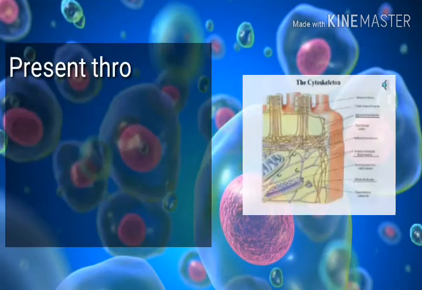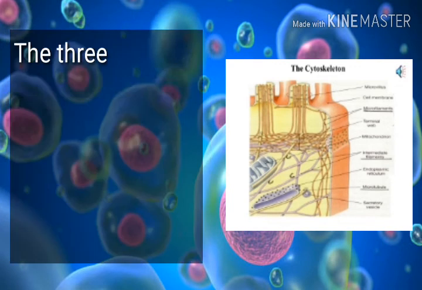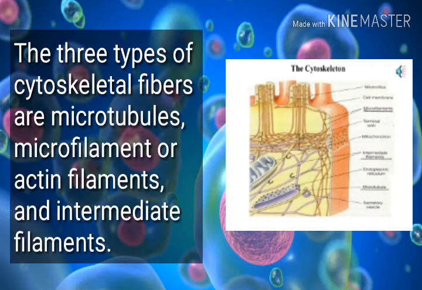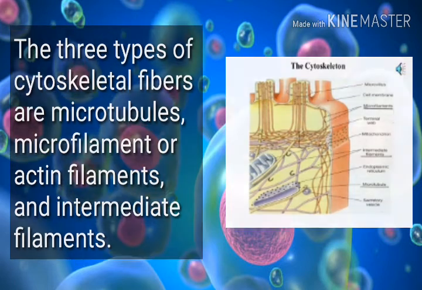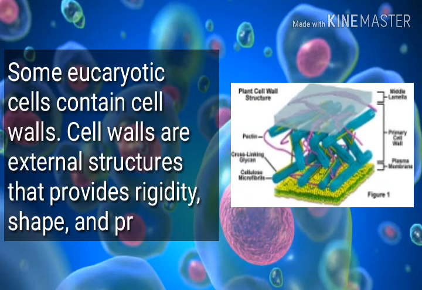Cytoskeleton. Present throughout the cytoplasm is a system of fibers collectively known as the cytoskeleton. The three types of cytoskeletal fiber are microtubules, microfilament or actin filament, and intermediate filament. Cell wall. Some eukaryotic cells contain cell walls.